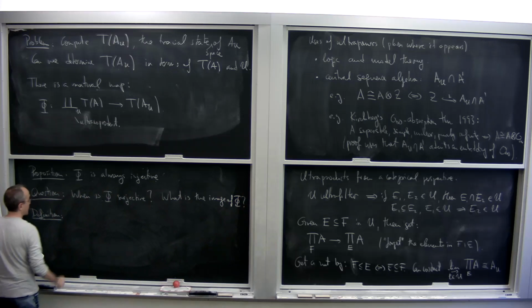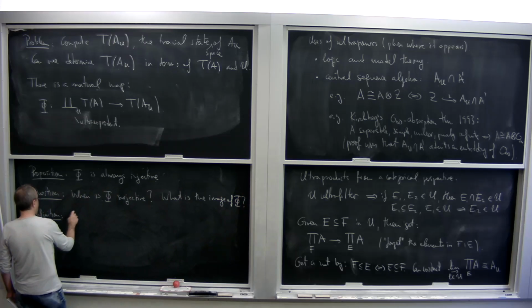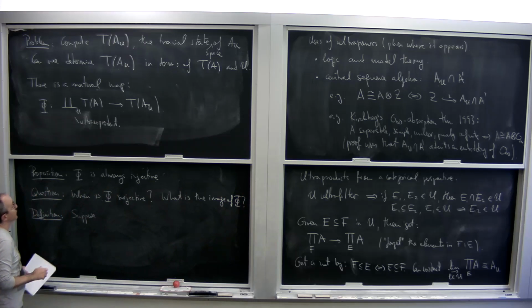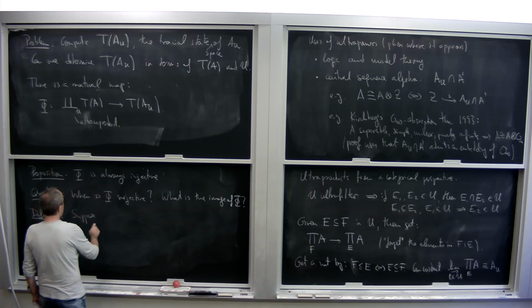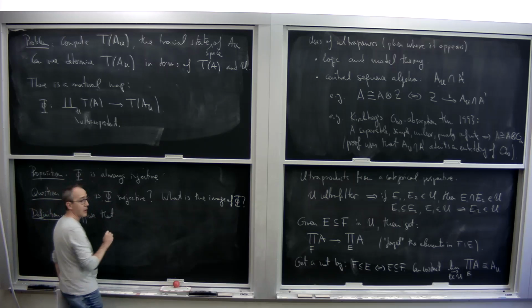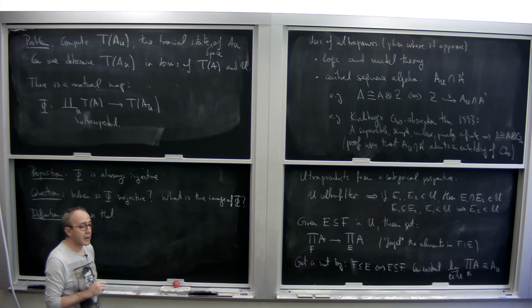And for this, there's a definition that comes in handy. So this is actually a naive way of producing traces in the ultra power. So one has traces in A. Sorry?